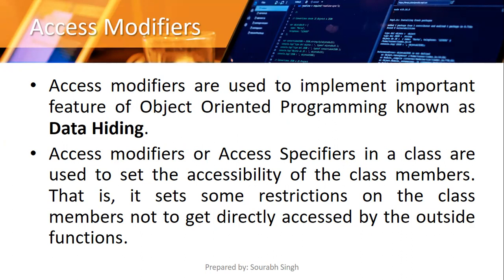The same thing applies here: if we specify some members as private, these members cannot be accessed outside. There is also one more thing, protected. I will discuss that in the later slides.